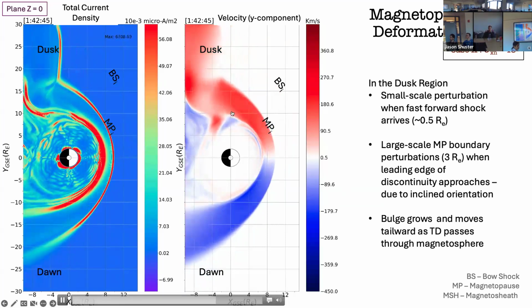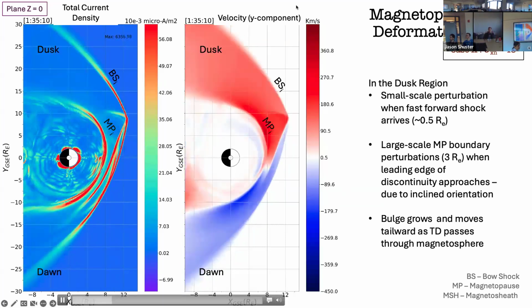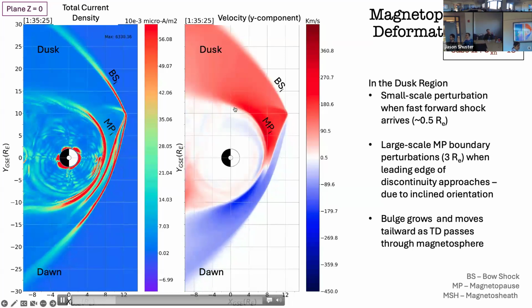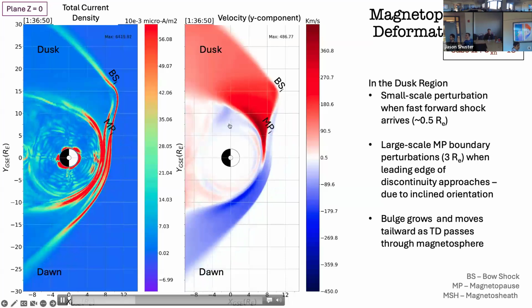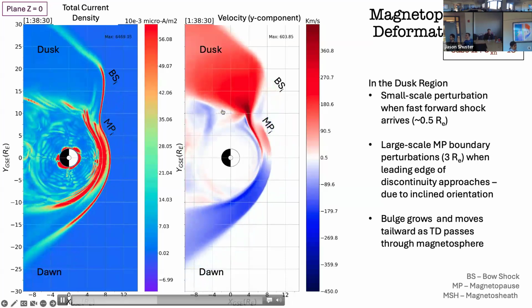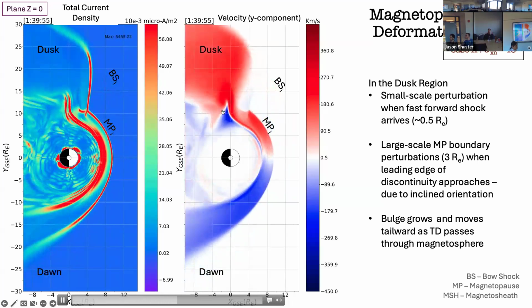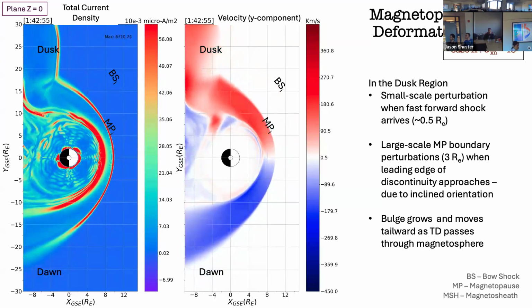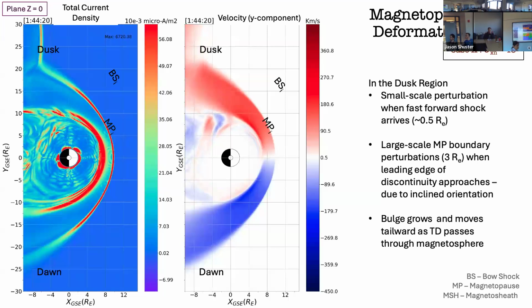And if we look at the velocity profile, this is the point where this fast forward shock comes, and there's a decrease in the Vy flow. That means the magnetopause is pushed inward and then it expands. So there's a dynamic motion of the magnetopause happening in there.